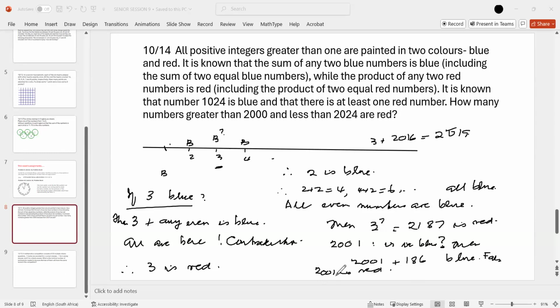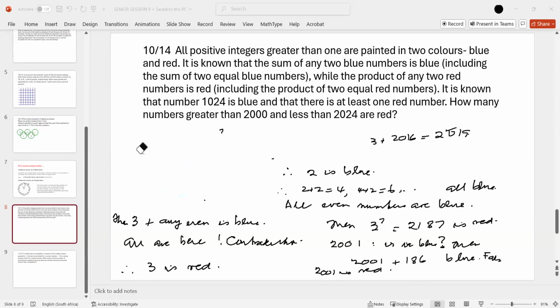But then you can do exactly the same argument for the other numbers, we're looking at the numbers between 2000 and 2024, all right? So you can do exactly the same thing, and you will see that at the end we have the following.